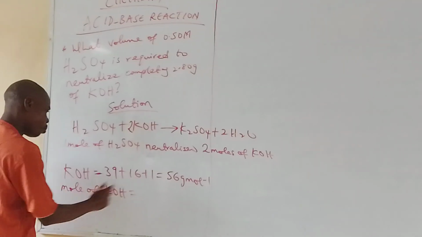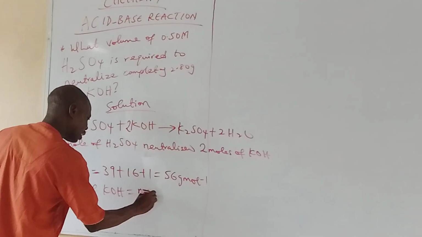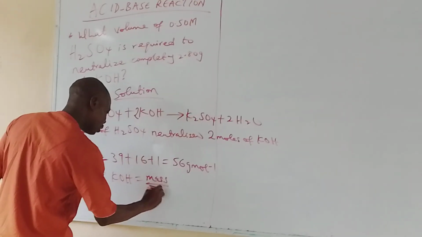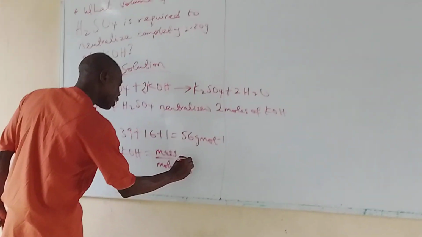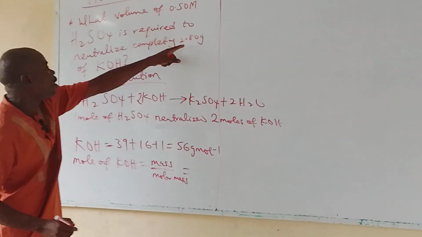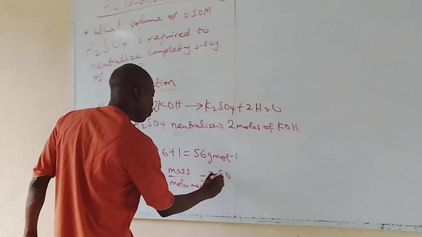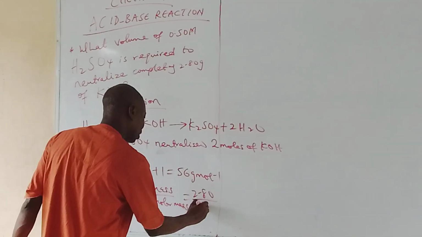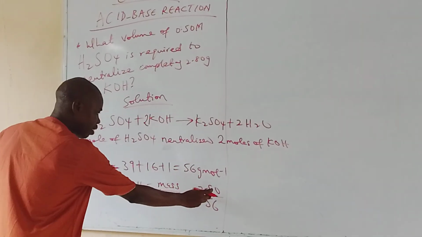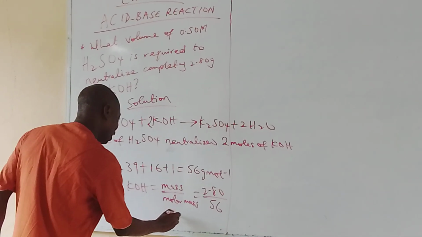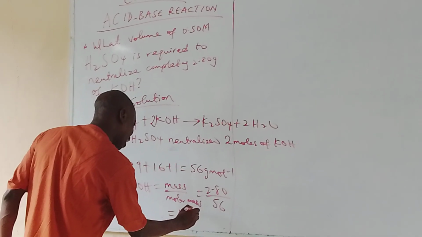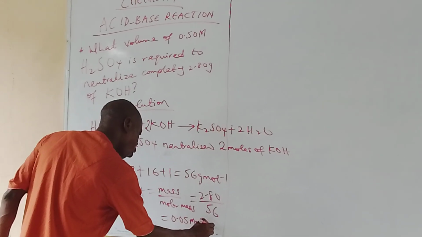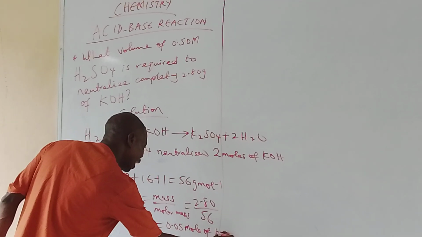From the mole concept, mole is equal to mass over molar mass. My mass is 2.80 from the context, and the molar mass has just been determined as 56. So when I divide 2.8 by 56, it gives me 0.05 mole of KOH.